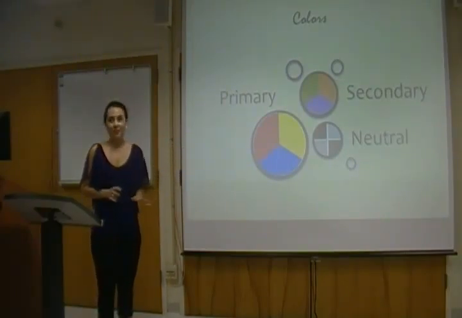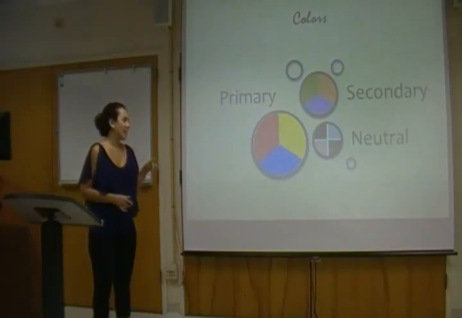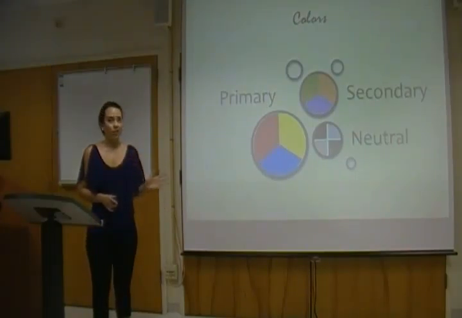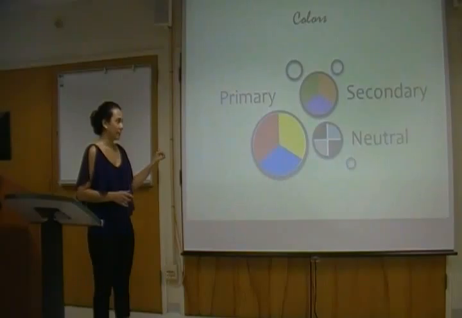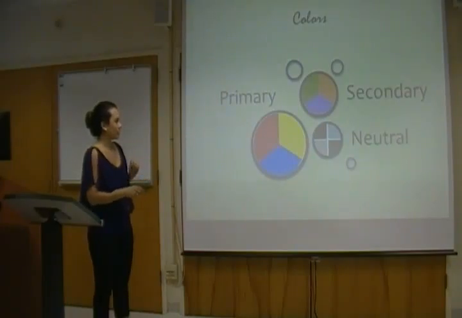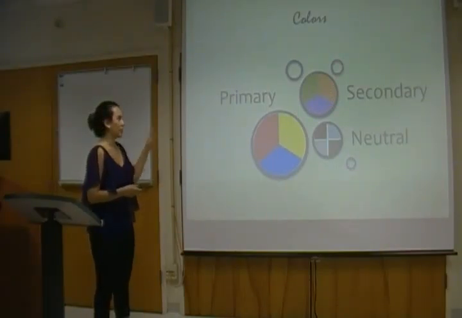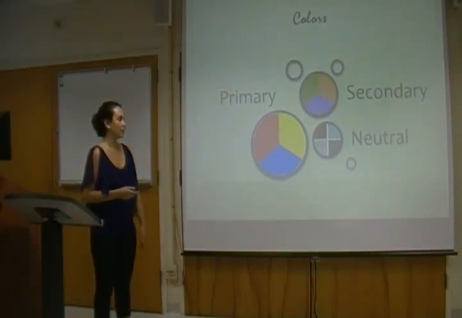The primary colors are really unique because they cannot be made by mixing any other colors. They're the leaders: yellow, blue, and red. By mixing yellow and blue, we get green. By mixing red and blue, we get purple. And by mixing red and yellow, we get orange. That's how we get the secondary colors.